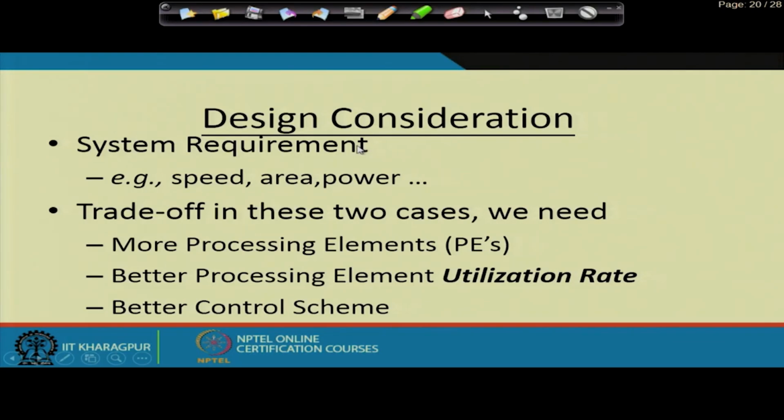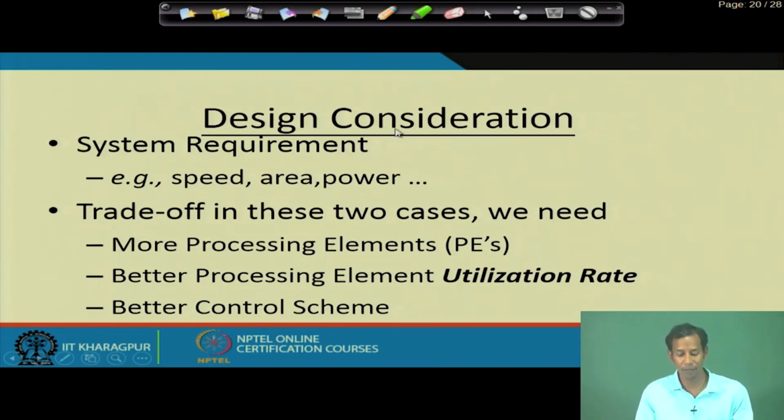From the design perspective, the system requirement should be either speed, power or area, and there will be a trade-off between these. For the parallel implementation we can increase the area, but the processing speed of the FFT processor will be much higher. It requires more processing elements, a better processing element utilization ratio, and a better control scheme.